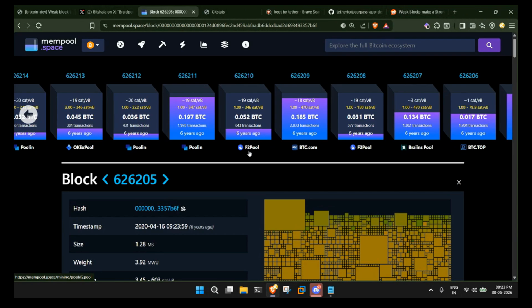So this is the trust you are assuming right now. If F2 Pool wants, they can revoke it and not share any shares with you. They can block your account, and you will not get anything. So this is the main concern here.